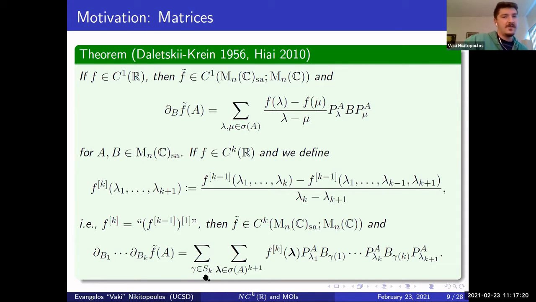S_k is the symmetric group on k letters, by the way. The important thing is this inside expression. So kind of similar to the above, we're going to have a (k plus 1)-fold sum over (k plus 1)-tuples of eigenvalues of A. And I will always write bold letters for (k plus 1)-tuples. Sometimes there'll be (k plus 1)-tuples of scalars. Sometimes there'll be (k plus 1)-tuples of operators.